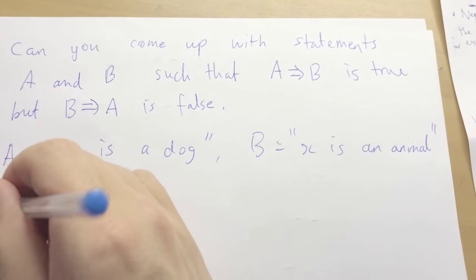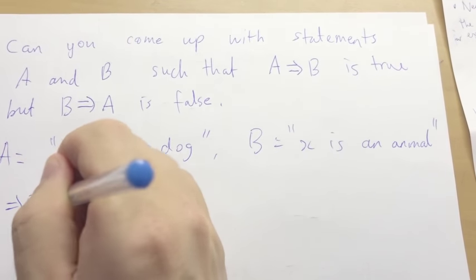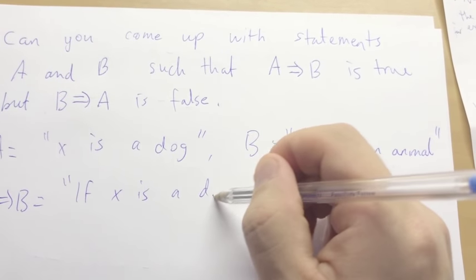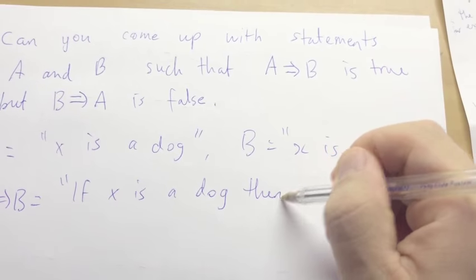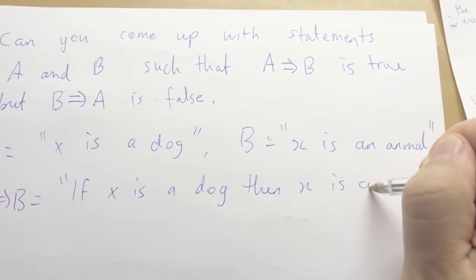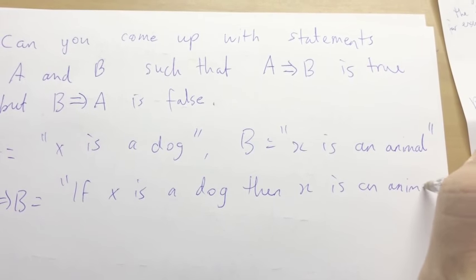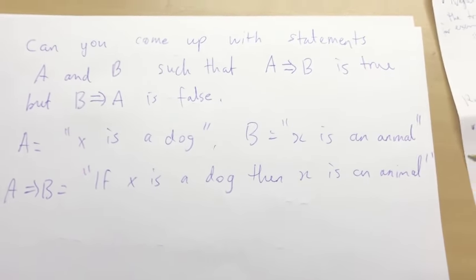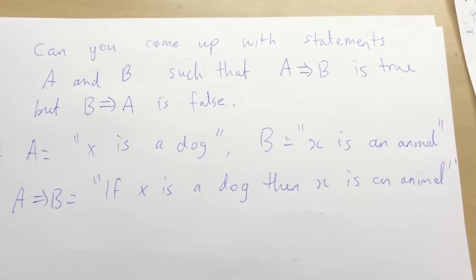A implies B is true: if X is a dog, then X is an animal. Okay, and we agreed that was true. Now, what about B implies A?